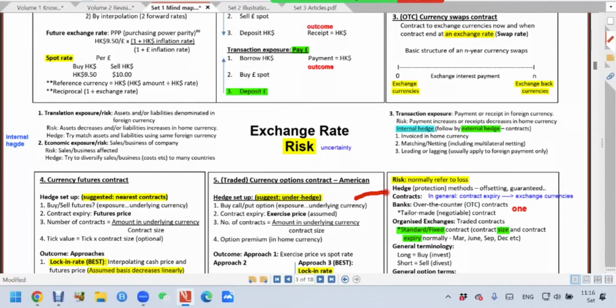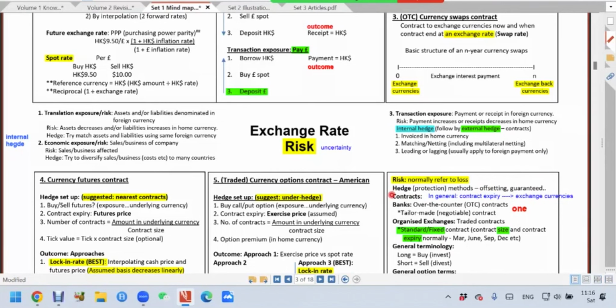The protection may be in the form of offsetting your loss. So you may want to have something to compensate for your loss, or something to guarantee you achieve something. So that is a hedge. A hedge is like protecting yourself, covering yourself. Okay? So you get the idea first.